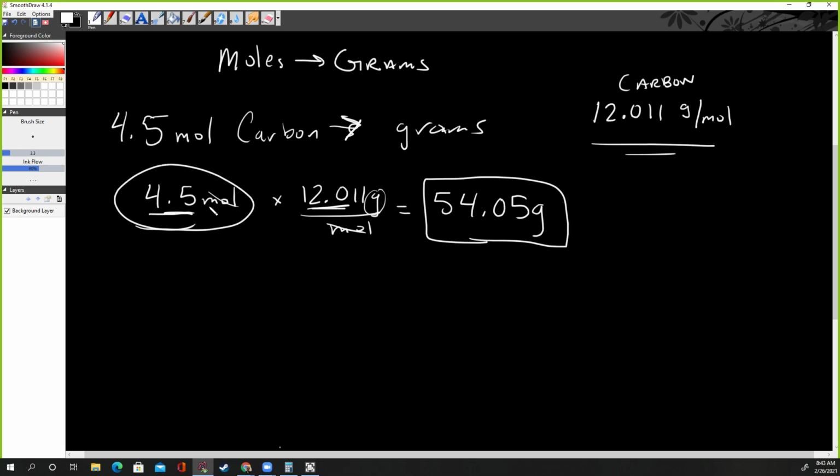And remember, a mole is just a really big number, and if I have that many atoms of carbon, it would weigh this much. That's all that really means. So pretty much you're just taking how many moles you have of something and multiplying it by the atomic mass, or the atomic weight, of that thing, and you multiply those two together, and that tells you how many grams of stuff you would have.